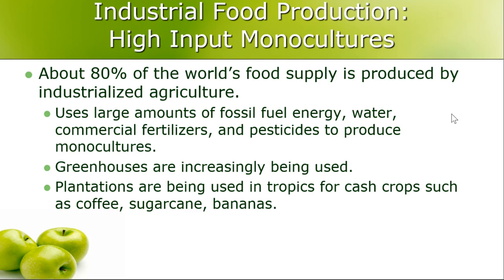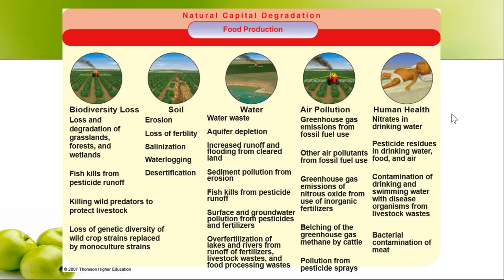Those are specialized farms that have their own issues. If we have time, we will talk specifically about them. But if not, just know that you've got your traditional modern industrial farms, and then you have these two specialty farms.